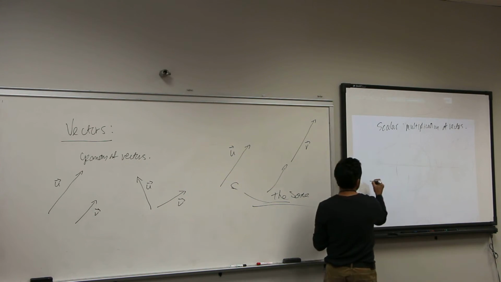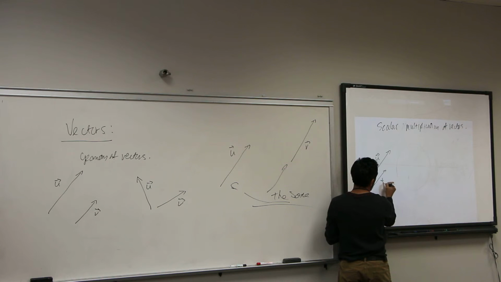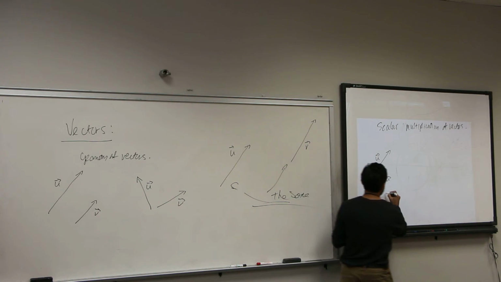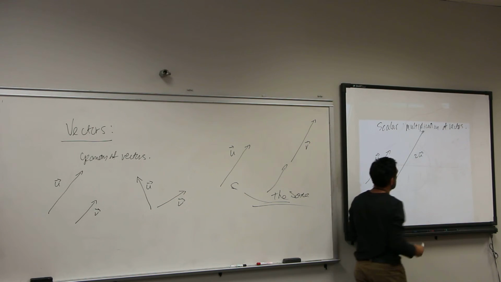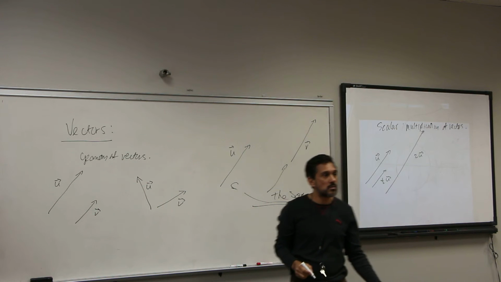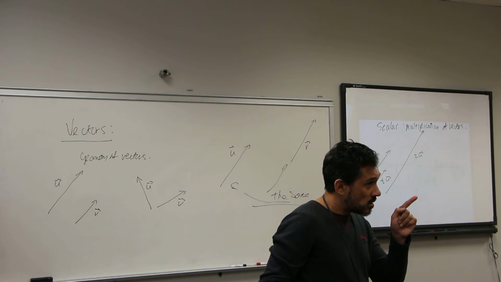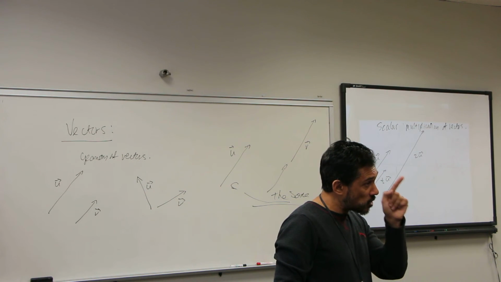So here's a vector u, and that is v. And that is 2u. Now you take a vector and you scale it, you obtain what?